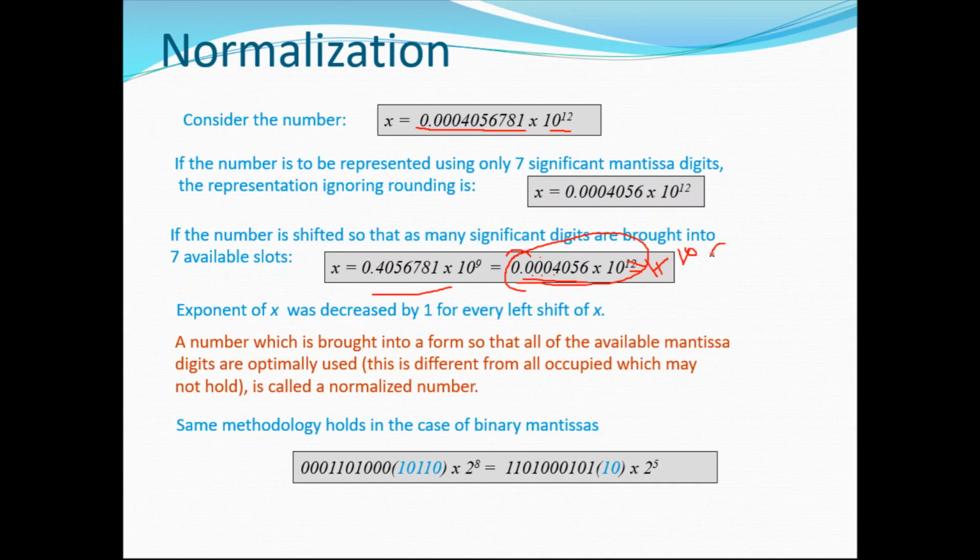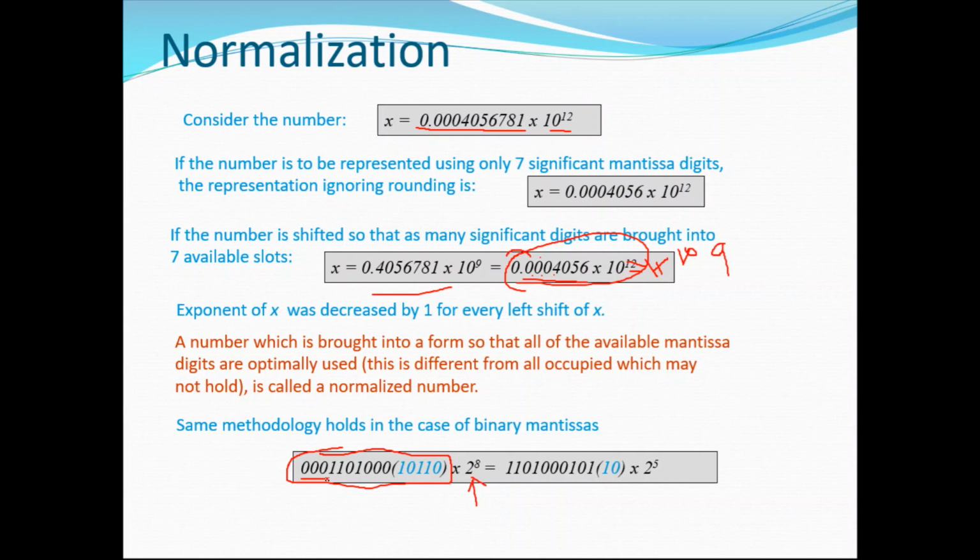Like that, this is also applicable in binary. Say for example, in the Mantissa you have something like this, and the exponent part is something like this, which represents 2 to the power 8. The exponent has 7 bits, so say that represents 8, which means 2 to the power 8. But here you can see in the Mantissa the first 3 bits are 0.